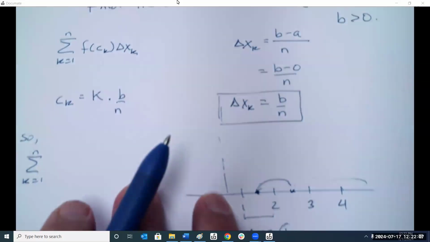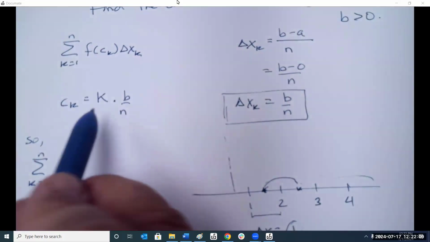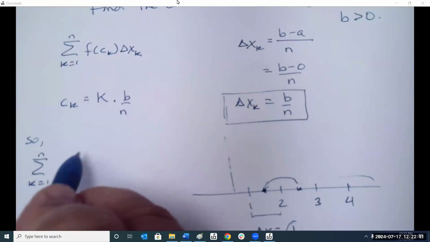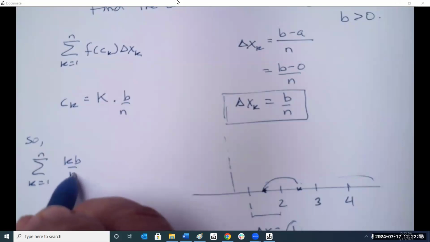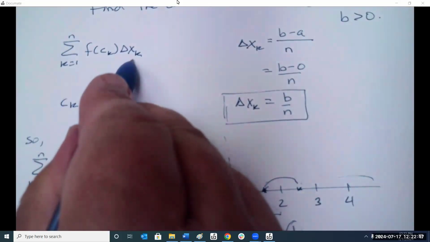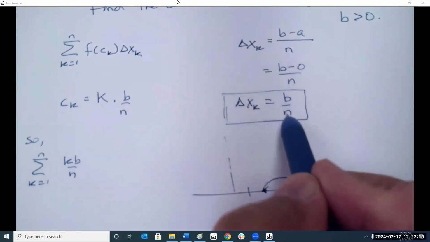f of c sub k is going to be k times b over n, times delta x, which is b over n.